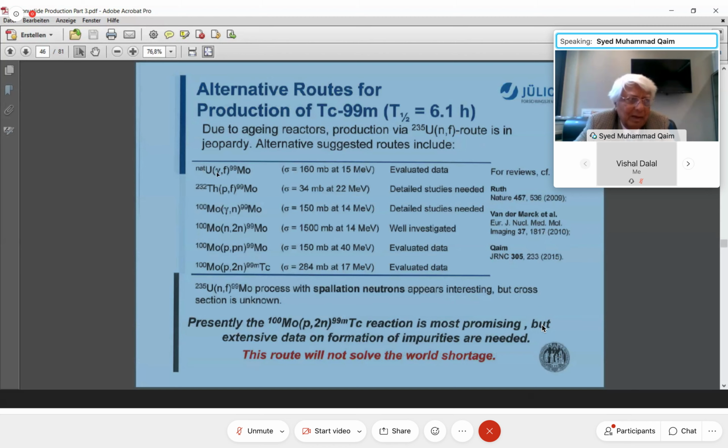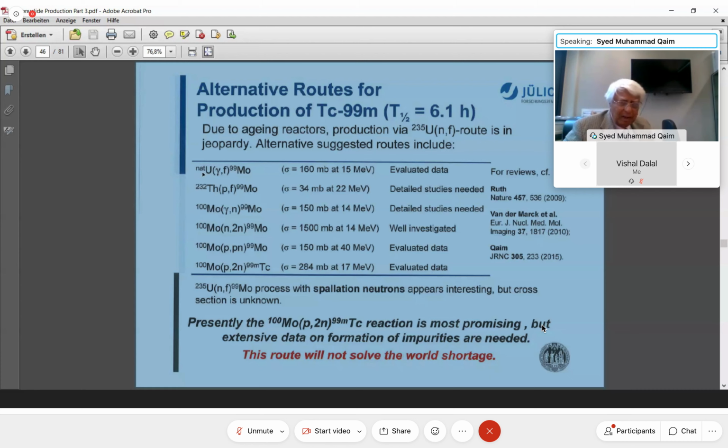You can have a linear electron accelerator, 50 MeV electrons, no problem, rather easy to make. They fall on tungsten, give you hard photons or hard gammas, and they can be used to irradiate natural uranium and get molybdenum-99. Good proposal, not dependent on reactors. With reactors, if you shut down the reactor, everything stops.